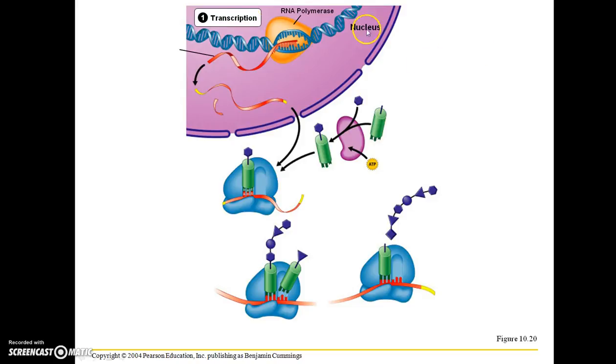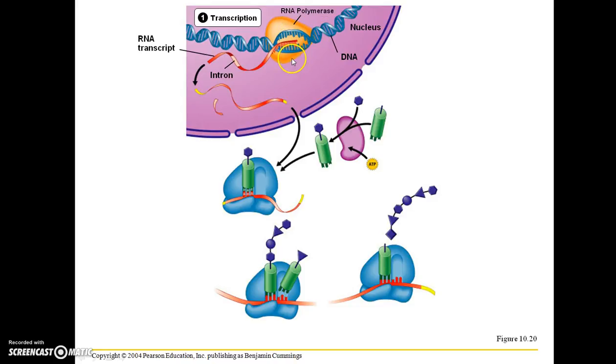So again, we have a depiction of a cell here. This purple circle is the nucleus of that cell that contains the entire organism's genome, so all of the DNA is within this nucleus. We have transcription occurring here with the help of the helper enzyme RNA polymerase.